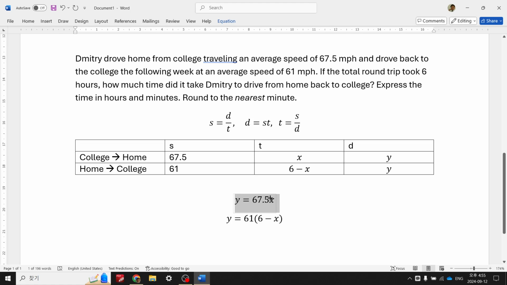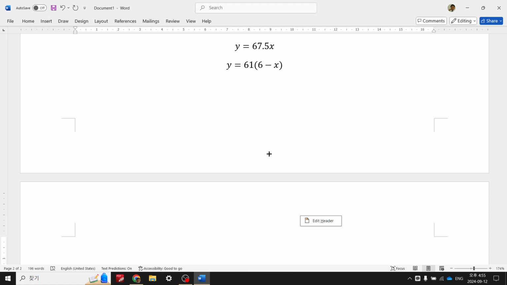You just plug in 67.5x into y. So if you do that, you're going to end up getting 67.5x equals 61 times 6 minus x. And that gives you 67.5x equals 6 times 61 is 366, and then minus 61x, okay?